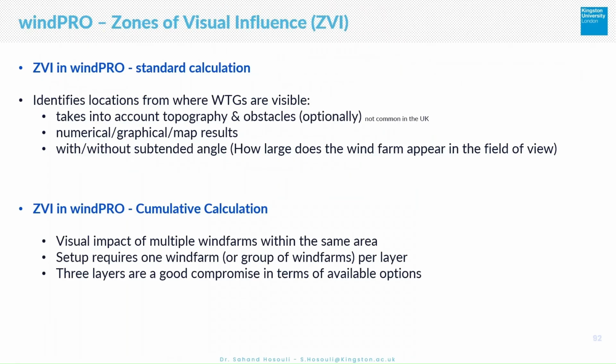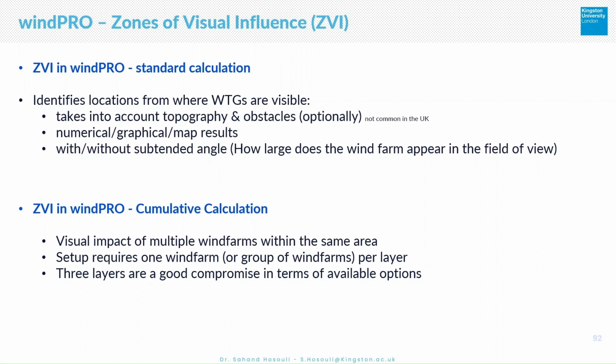We have 2 types of calculation in windPRO for the ZVI. The first one, the standard one, which we will use, is used to identify locations from where wind turbines are visible. What we are generally interested in is whether we can see the wind turbine from some specific distance or not. Usually we take into account topography and obstacles as an option.